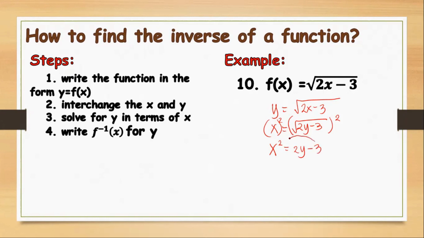Then all we have to do is transfer 3 on the left. So we have x squared plus 3 equals 2y. Then divide both sides by 2. And so our y is equal to x squared plus 3 all over 2. So our f inverse of x will be x squared plus 3 all over 2.